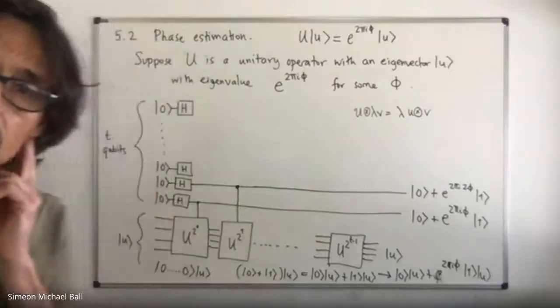One question. Shouldn't there be a one over root two?